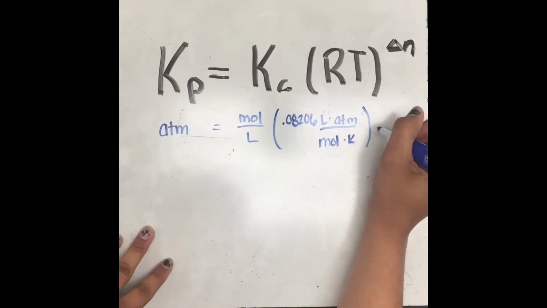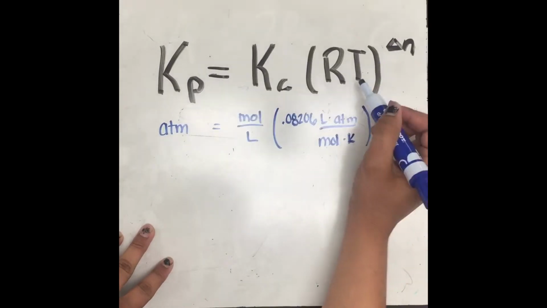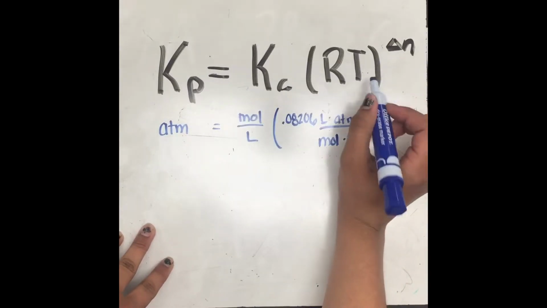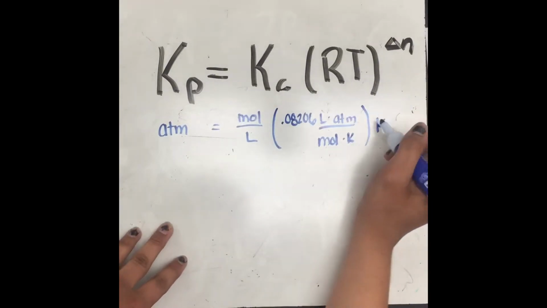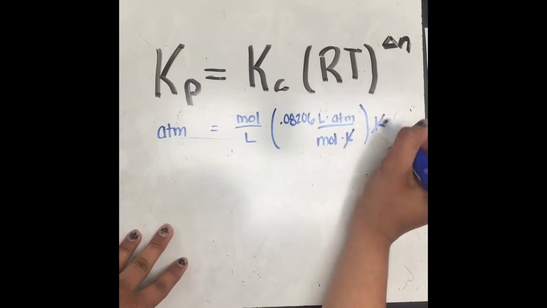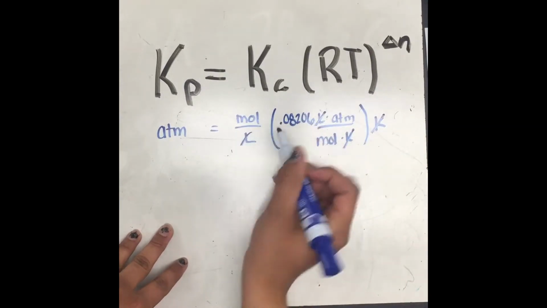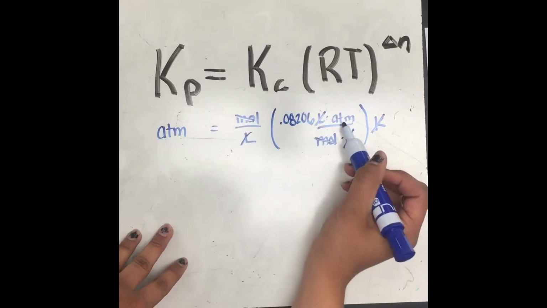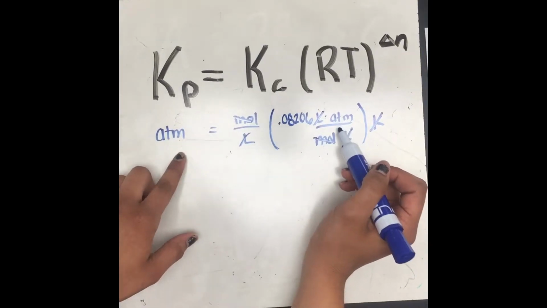And then it's multiplied by Kelvin, which is temperature. Make sure your temperature is always in Kelvin. And then when we cancel out the Kelvins, we can cancel out the liters, cancel out the moles. That's how we get ATM on both sides.